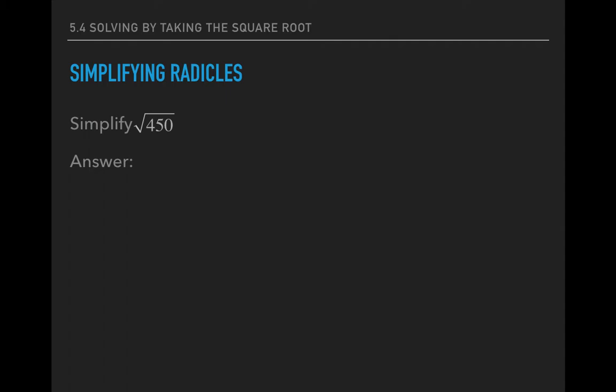It could be factored, and so we would factor that number inside, which is called the radicand, into its prime factors. You could do your prime factoring tree, and you would find it to be 2, you'd have 3 3s, and you'd have 2 5s. Those are the factors of 450.